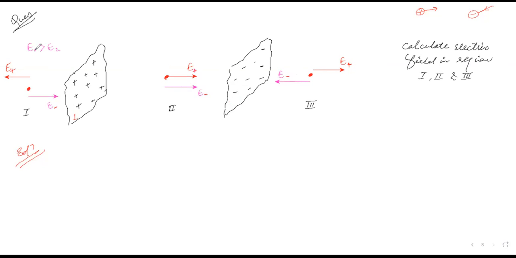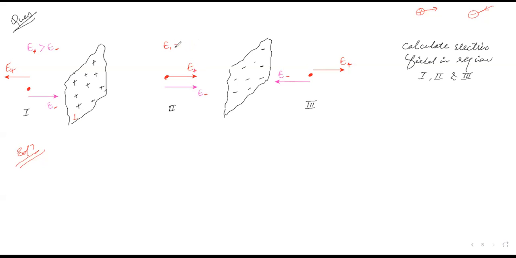Then the magnitude of E positive is greater as compared to E negative in region 1. And which one is stronger, E plus or E minus in region 2? I think E plus and E minus both are the same.